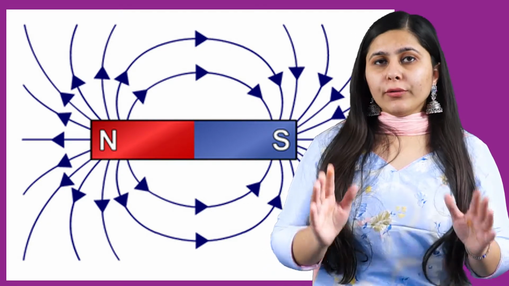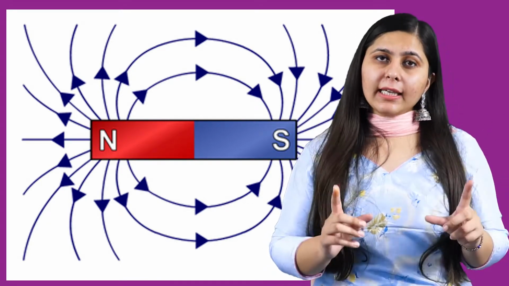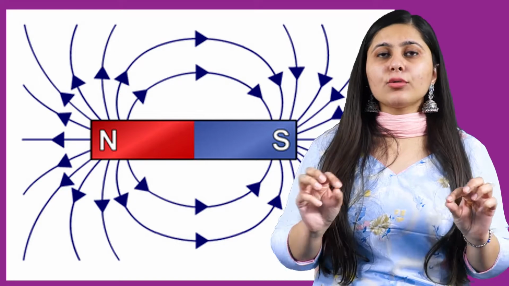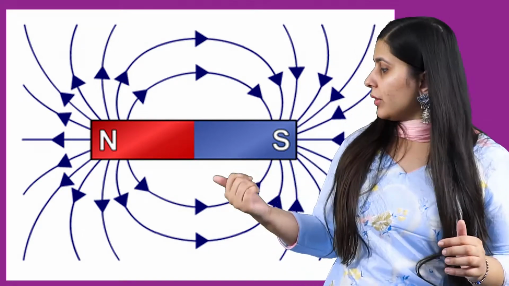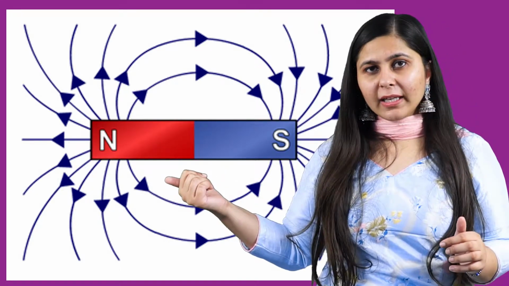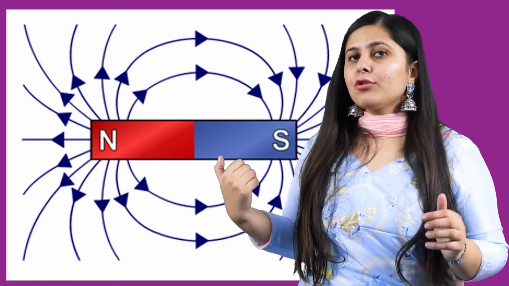All right. So if you have to draw magnetic lines to show that this is the area where a magnetic field is present, you will start the line from the north pole of the magnet, and you will end the magnetic line at the south pole. Now we have studied all the properties of the magnet, and now we will be studying the characteristics of magnetic lines.